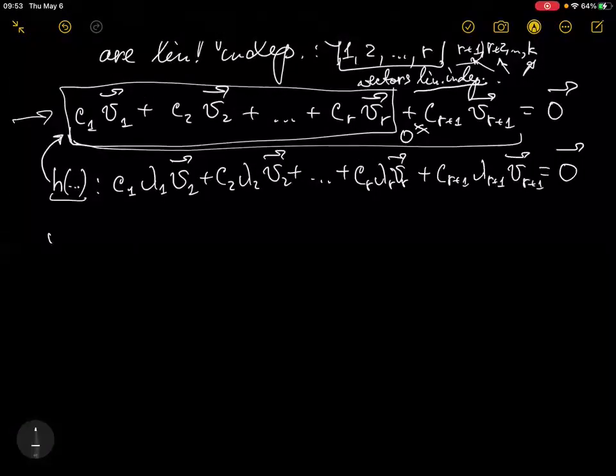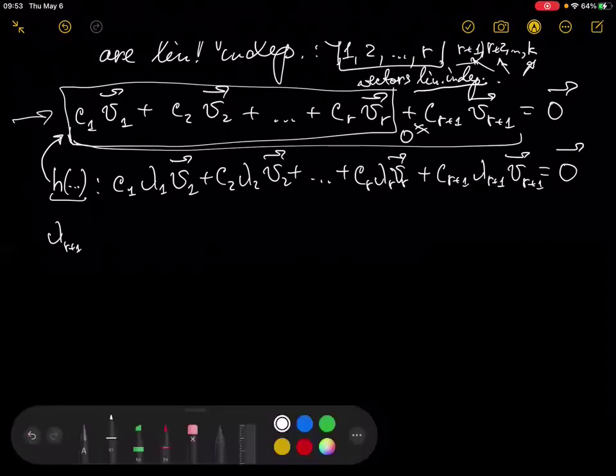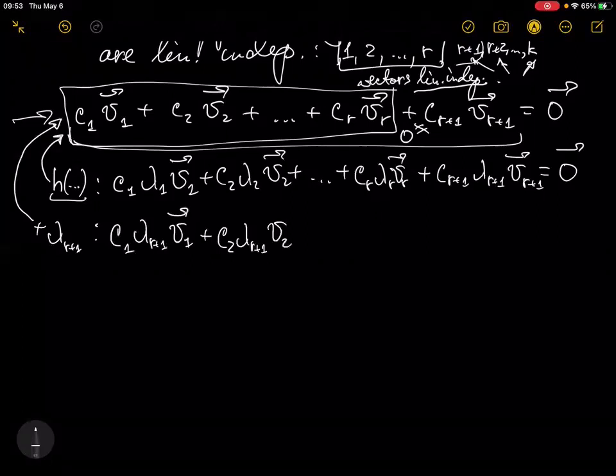Okay, now let me also multiply these by lambda R plus 1. So I will get C1 lambda R plus 1 V1 plus C2 lambda R plus 1 V2 plus ... plus CR lambda R plus 1 VR plus CR plus 1 lambda R plus 1 VR plus 1.